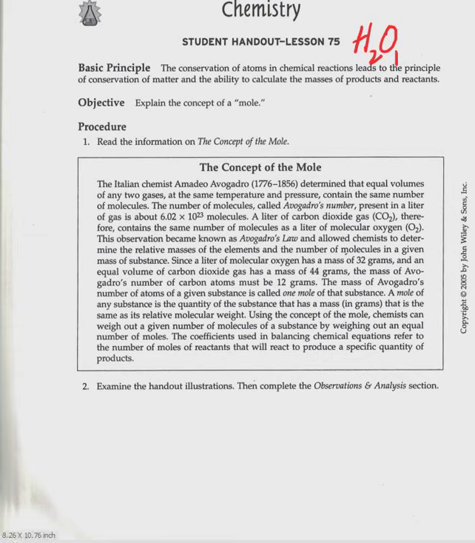Now, when we combine different compounds into a formula, let's take 4Fe, this is already balanced, plus 3O2 to yield 2Fe2O3.